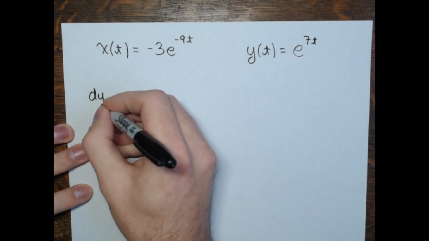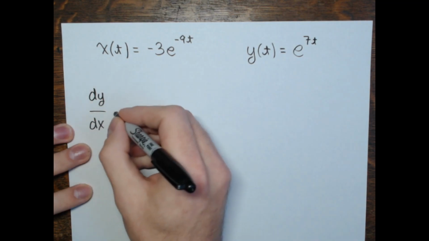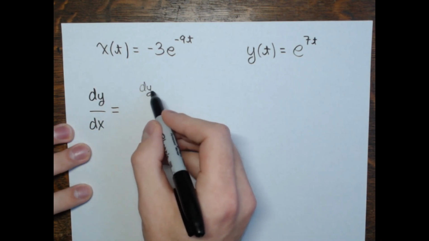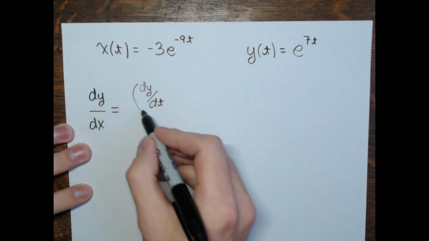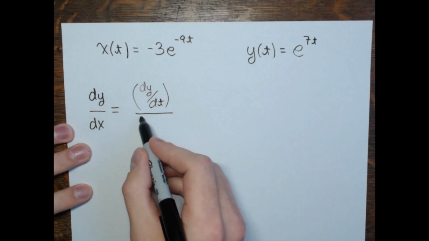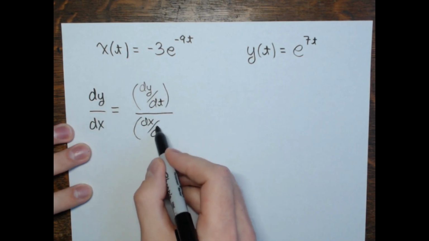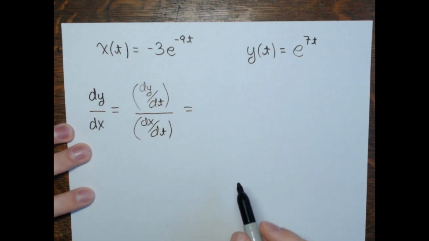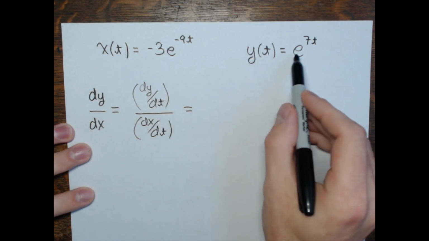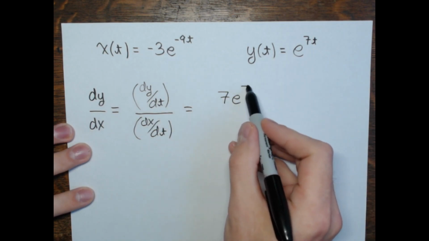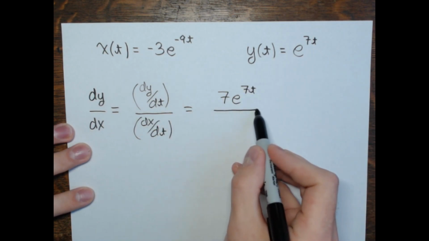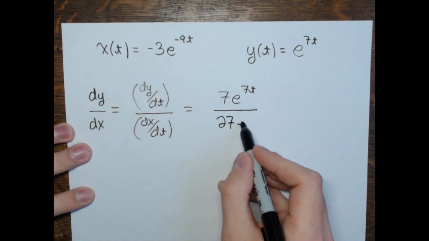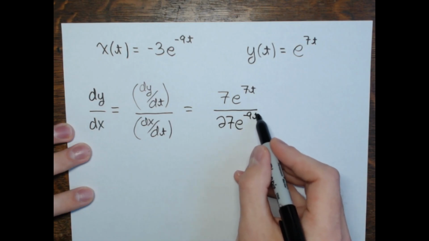All right, so again, dy/dx, y prime, the first derivative, gives the slopes of the tangent lines. We're doing dy/dt over dx/dt. So dy/dt is 7e to the 7t, divided by dx/dt, which would be 27e to the -9t.